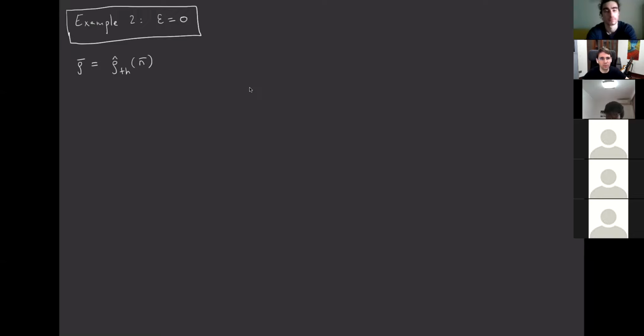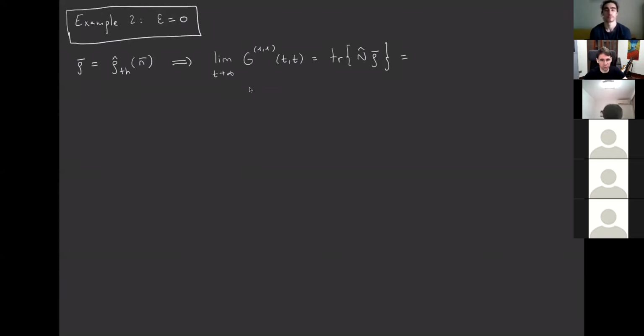Now, for example, if I ask you what is the G11 function that we need to normalize the G2 functions, G11 of t,t, this is the expectation value of the photon number in the steady state.